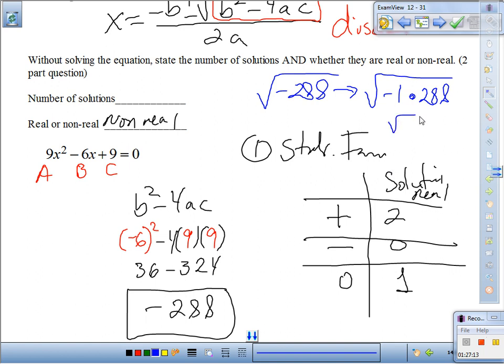This is the same as square root of 288 times I. How many solutions do we get for square root of 288? 2, and since it has I, so therefore there are 2 imaginary solutions. Because it's positive, 2.